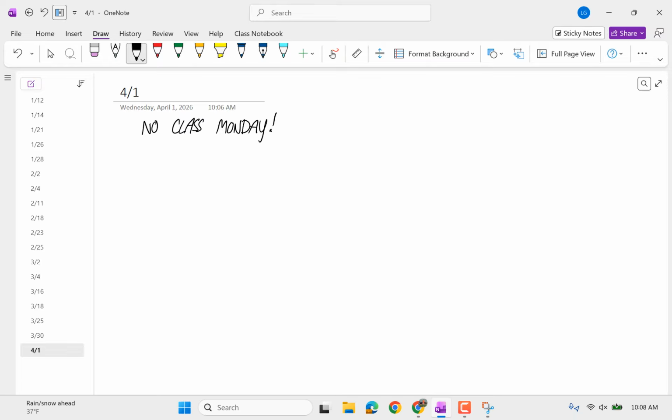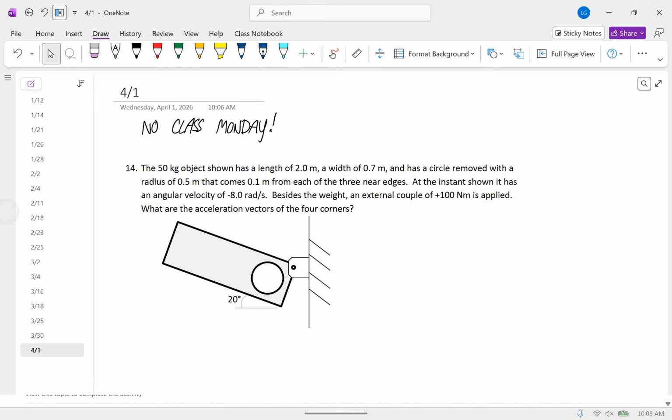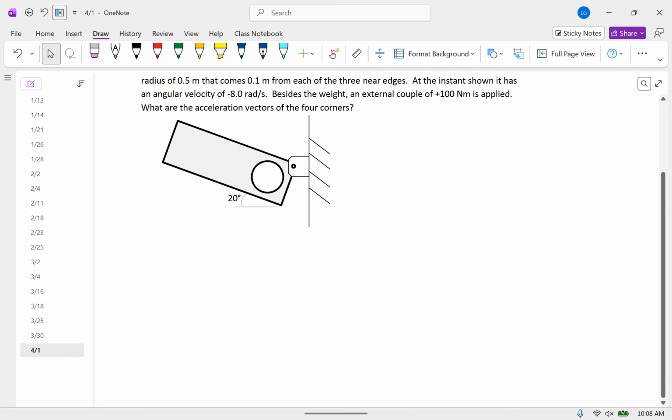And then let's look at this one. All right, so I'm just going to go through the steps and we'll worry about the centroid stuff when we get to it. So step one, is there a fixed point? Yes.